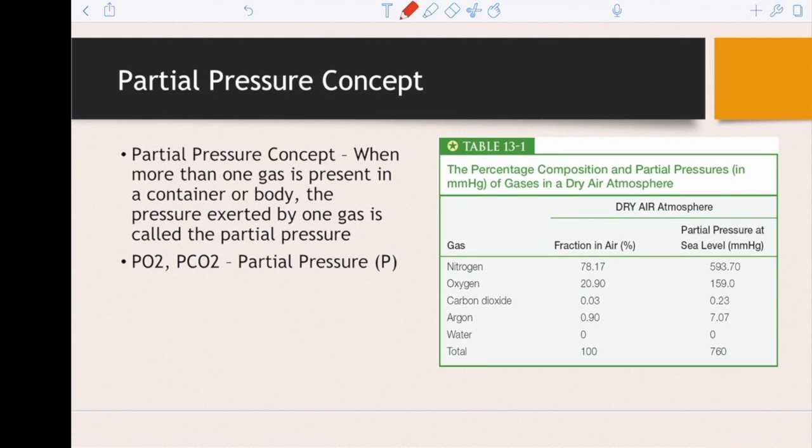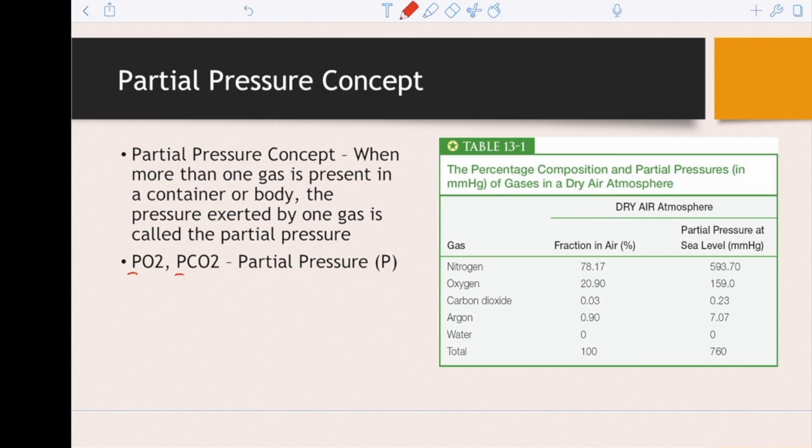To understand this, the first thing you need to understand is partial pressure. Anytime that you see a PO2 or a PCO2, all that's telling you is the partial pressure. This just comes into play when you're dealing with gases. When more than one gas is present in a container or within the body, which is always going to happen, you're never going to have 100% of one gas and 0% of the other.